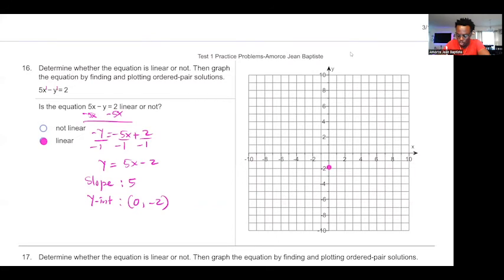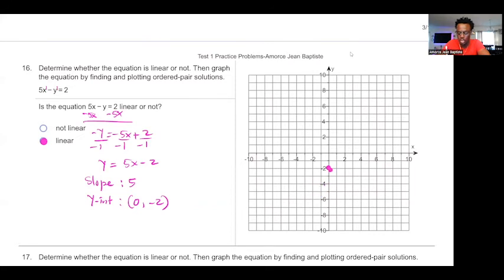That is at negative 2 on the y-axis, and then read the slope. The slope is 5, but 5 over 1 is what you're going to keep in mind when graphing the line.